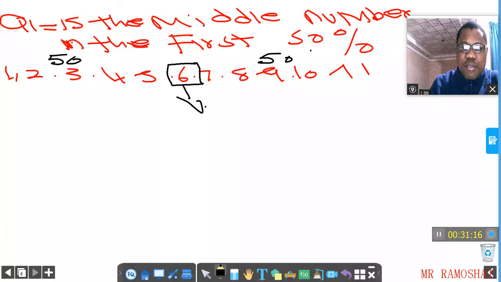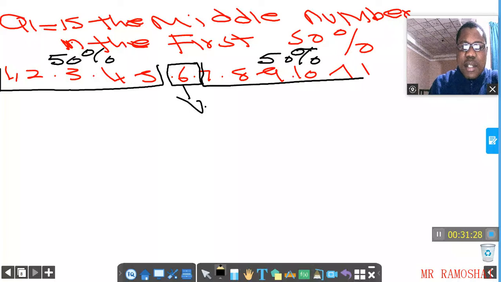So we have the first 50% and the second 50%. Our first 50% starts from 1 up until 5. Then our second 50% starts from 7 up until 11, right? So we say quartile 1 is the middle number in the first 50%. That means we must look for a middle number between 1 and 5, the numbers in between, right?